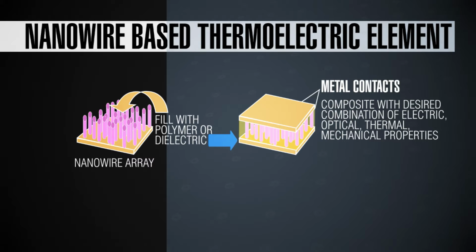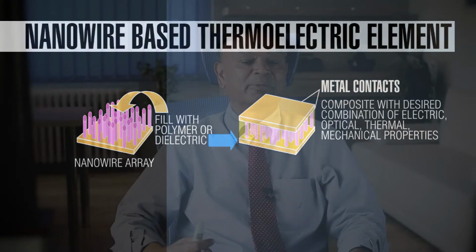There are thermoelectric polymeric materials such as polyvinylidene difluoride, PVDF, available. So this would be the configuration of a thermoelectric device, where the top surface could be hot and the bottom surface could be cold, and then the temperature difference is exploited to generate power.